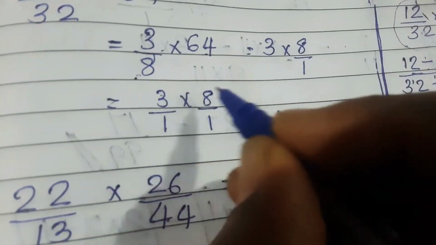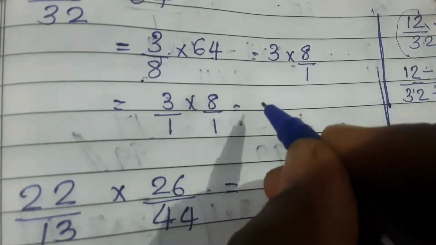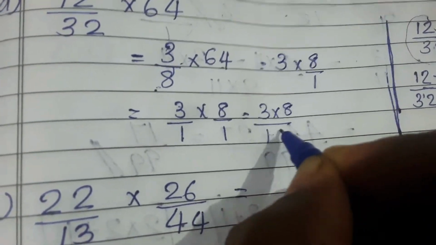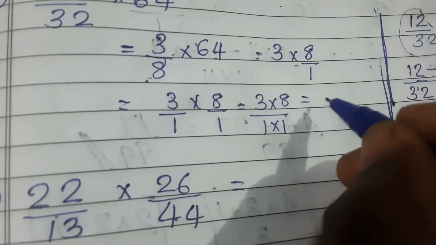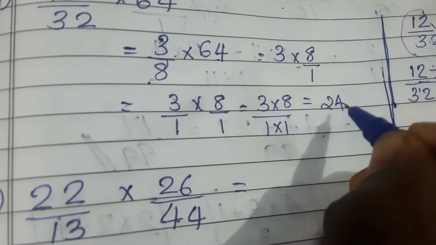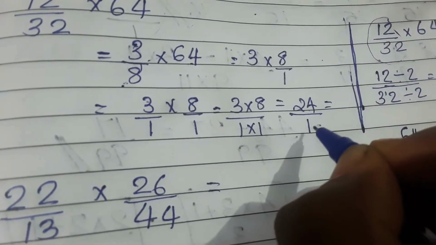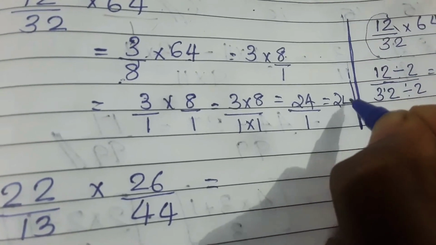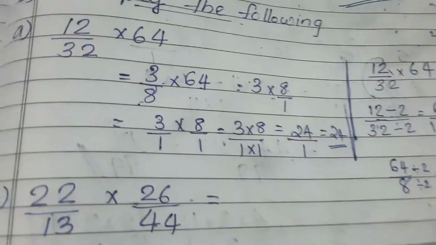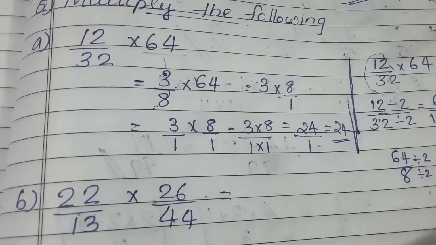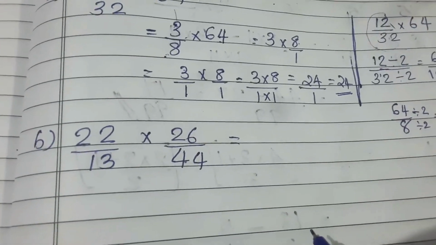Now you can multiply numerator with numerator and denominator with denominator. That is 3 into 8 by 1 into 1. 8 3s are 24 and 1 into 1 is 1. So if the denominator is 1, then you can just simply write 24. Okay, so this is the answer. Got it, children? Yeah, it's very simple, right?